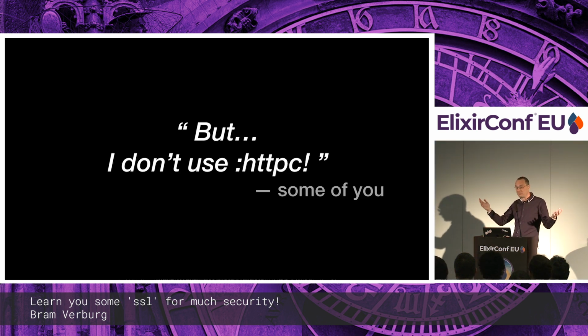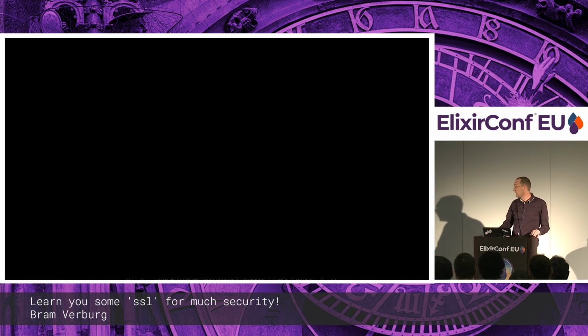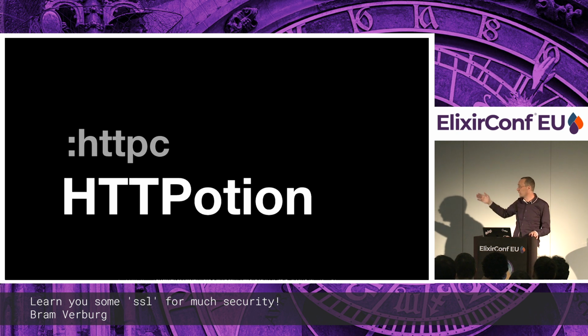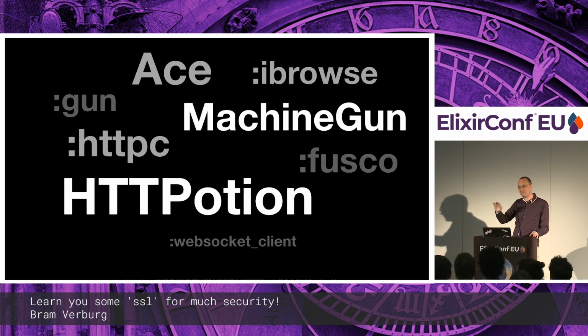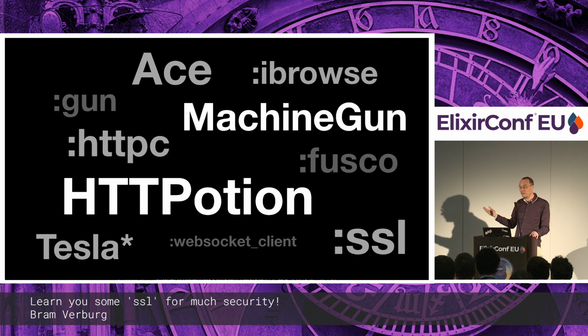Okay, now some of you might be saying, okay, but HTTPC, I'm not using HTTPC. But remember what I said in the beginning, this applies almost universally. If you look at just HTTP clients, all of these on this slide, and maybe others that I'm not aware of, do not have secure defaults.